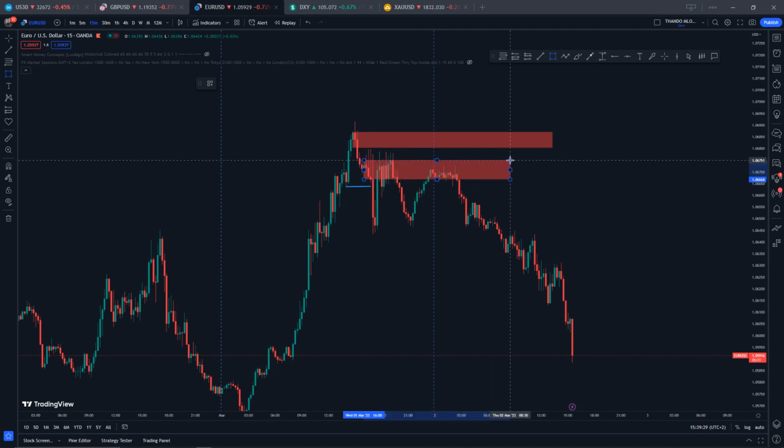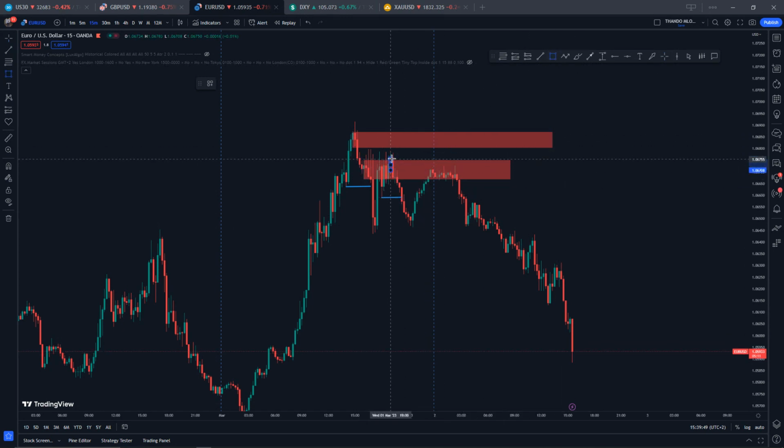That was a really good area where one could have gotten a sell trade right over here, even here as well. It also broke through that structure over there, and after it broke through, it went back to this order block and tapped right on it.